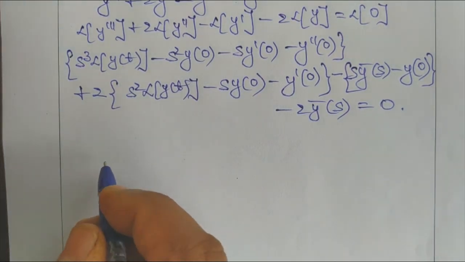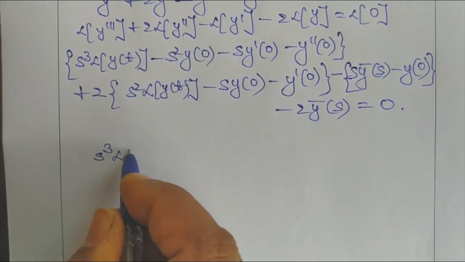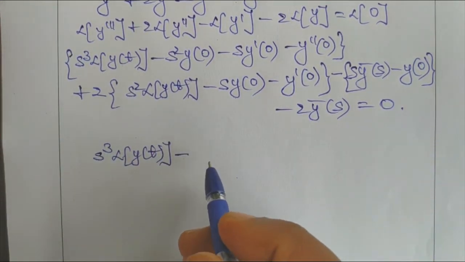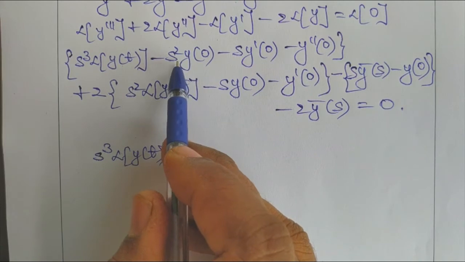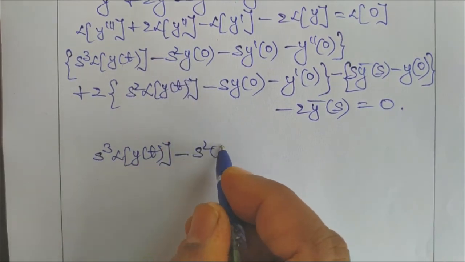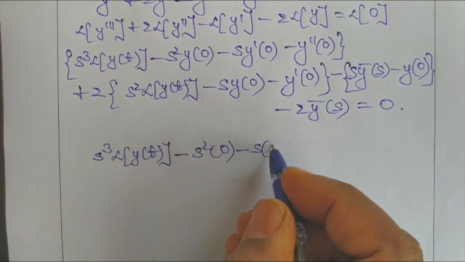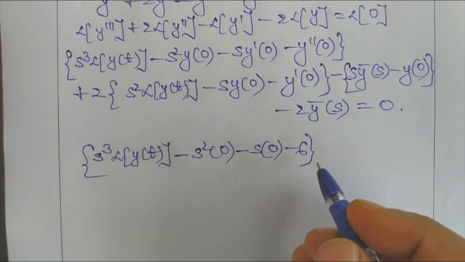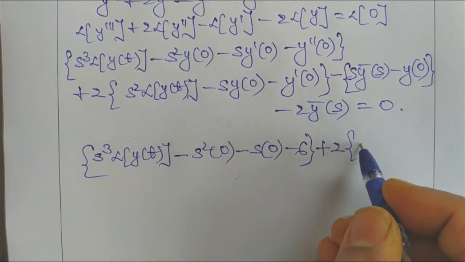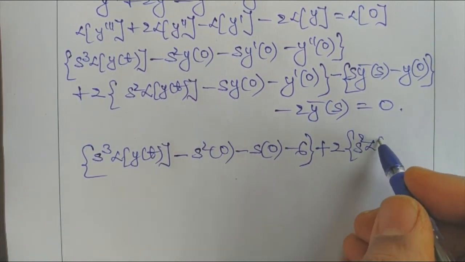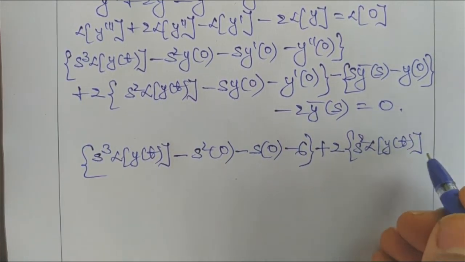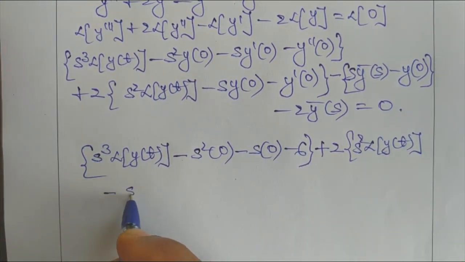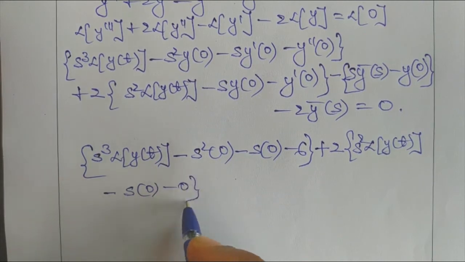Now what happens? We solve this one like this: s cube Laplace of y of t minus s square into 0, minus s into 0 minus 6, this is for this one. Plus 2 into s square Laplace of y of t, then minus s into 0 minus 0.